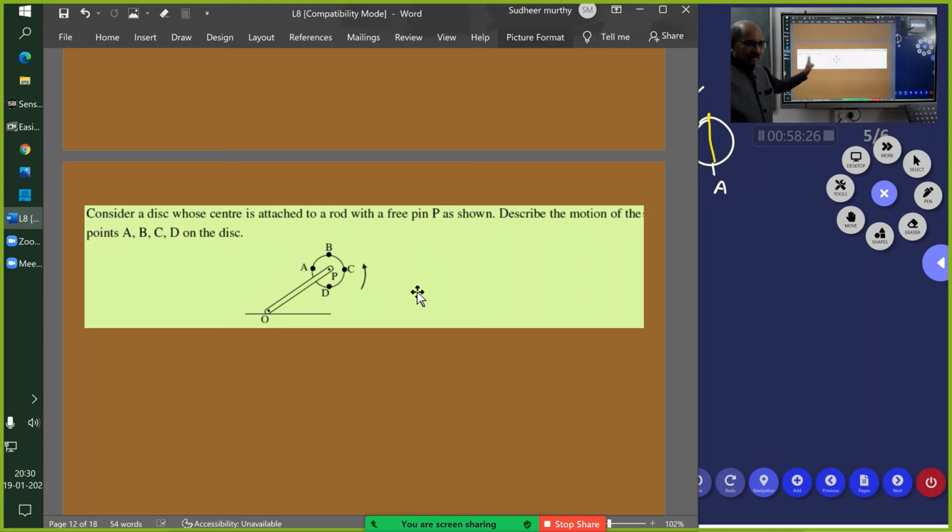But the rod motion will not make this disc rotate. This is different from the previous diagram, where, for the moon, the whole thing was fixed to the rod.